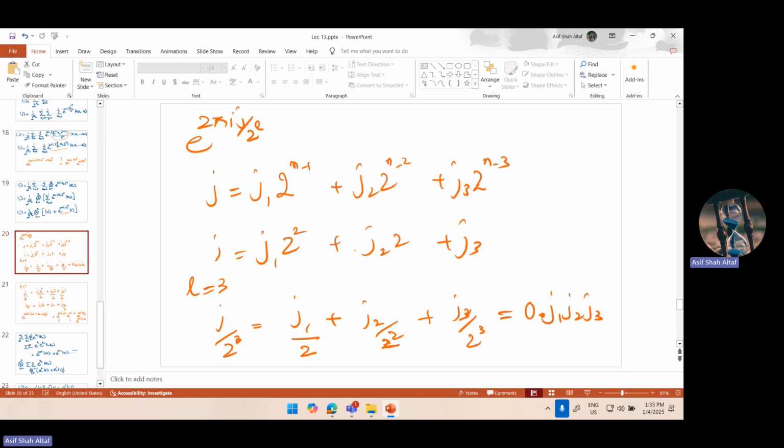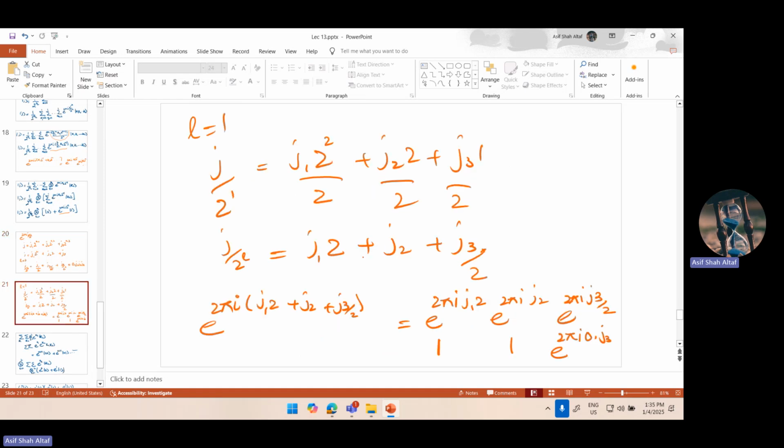In the previous case, you had the fraction in all the bits, so they were all being divided by a power of 2. So it gave a representation 0 dot j1, j2, j3. But here you see the j1 and j2 basically contribute 1 to the overall exponential, so we don't count them.